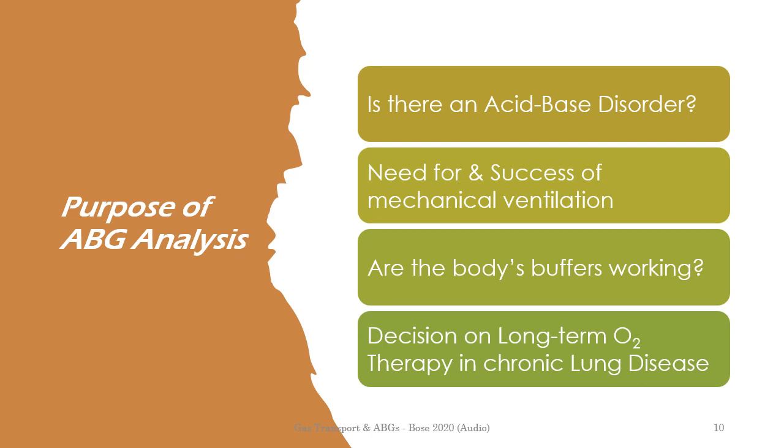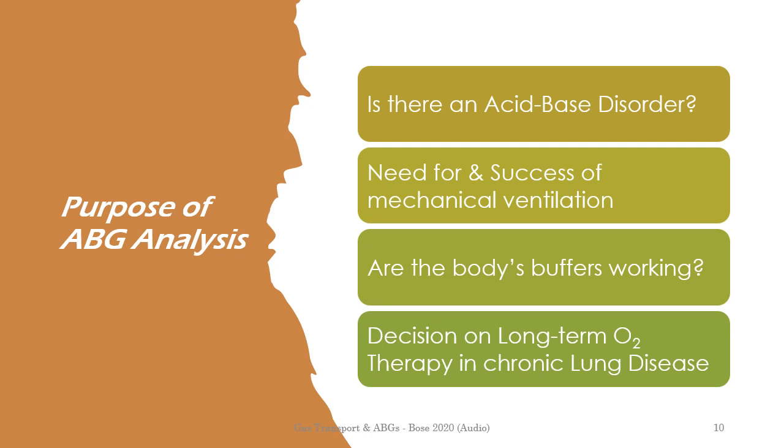The report informs us whether the body buffer systems are working. If the body buffers are working, we see evidence of which system is providing the buffer and whether the process has started yet or not. If it has not started, then urgent external interventions become necessary.